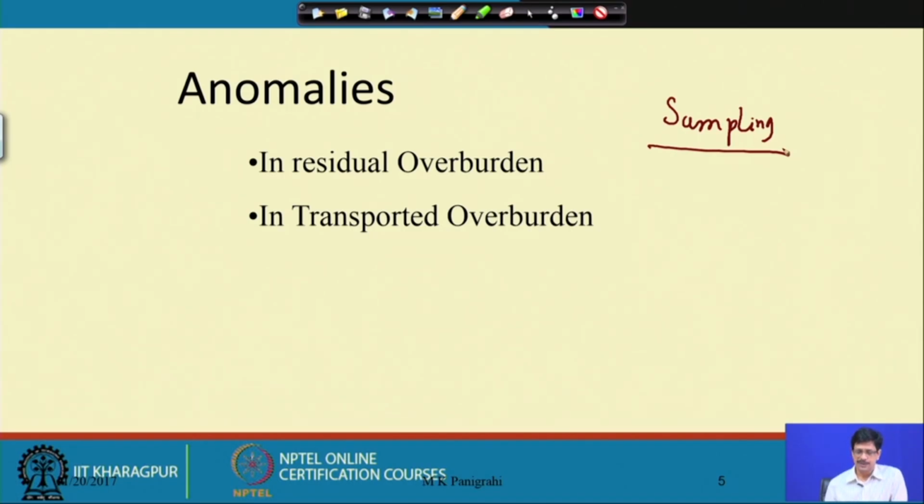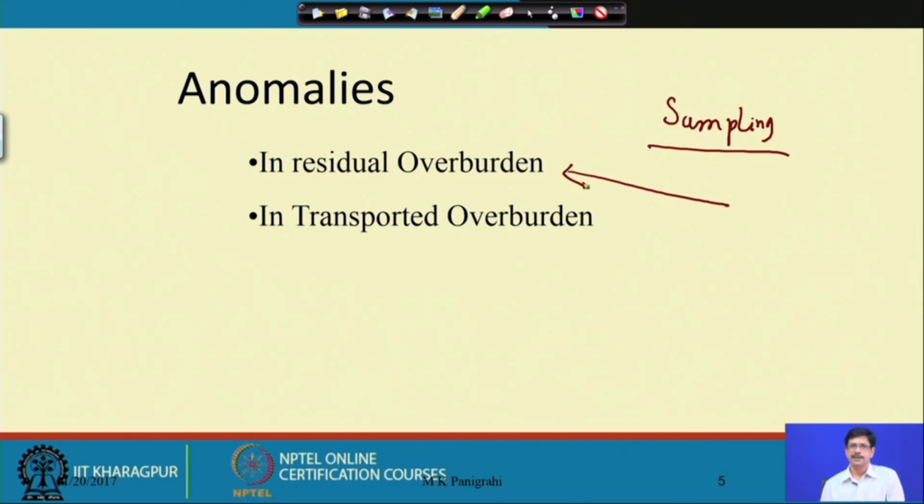Whenever we talk about soil, we are taking a sample of soil which is an overburden, several feet or sometimes several tens of meters in thickness, which is the product of rock weathering. So, these soils generally can be of two types. One is what is called residual overburden.